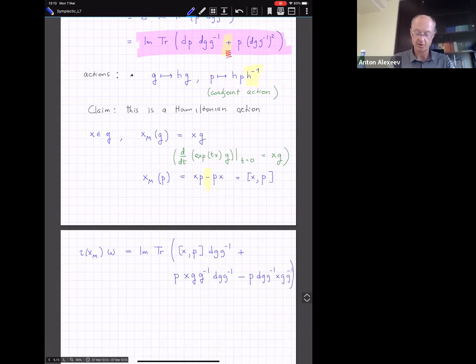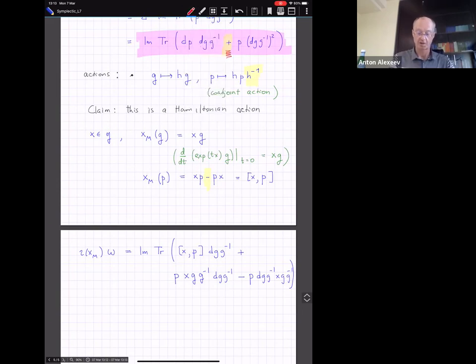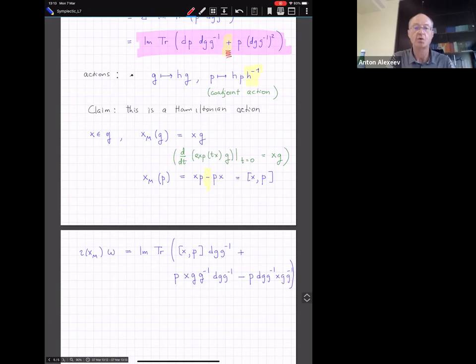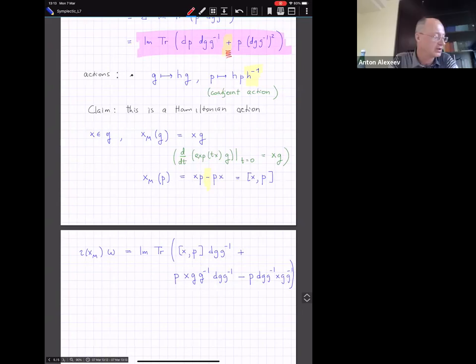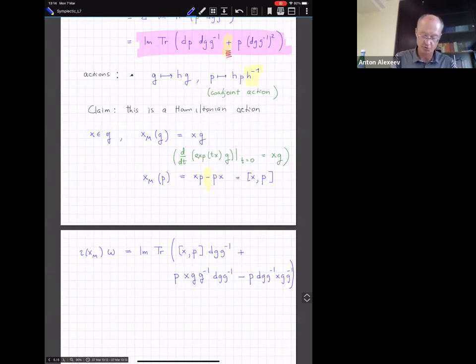So now there are many simplifications. You forgot to put the dgg minus 1 in the first term. It's also the dp term. Sorry, yes, I forgot. Oh yes, that's right. Okay, thank you. And that's probably the most important term.